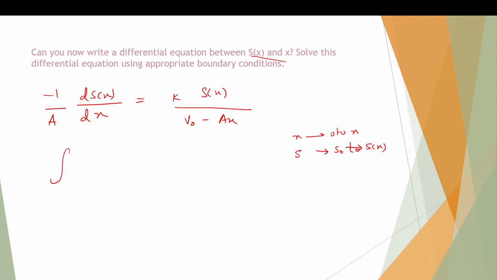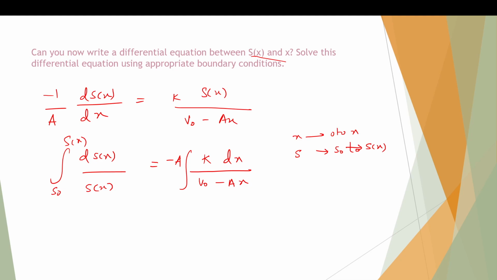So I put s naught to s of x, ds of x, I can take this s of x down here and this dx up, integral, there is a minus, k over v naught minus ax. So s of x is nothing but the impurities in the melt for a particular recrystallization length of x.